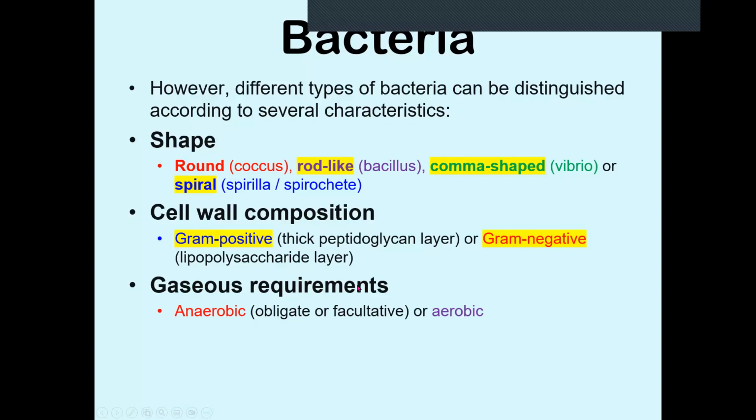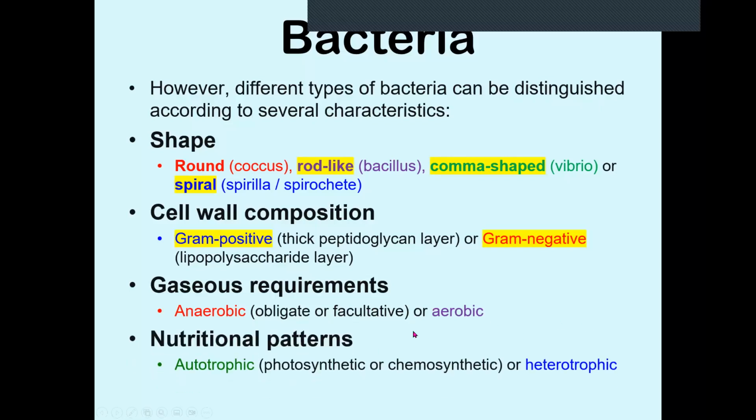And then they have different gaseous requirements. So there are anaerobic bacteria and aerobic bacteria. The anaerobes are either obligate, which means they have to have no oxygen, or they can survive, but they're just as happy without it.